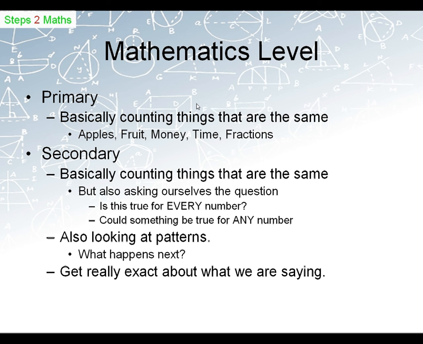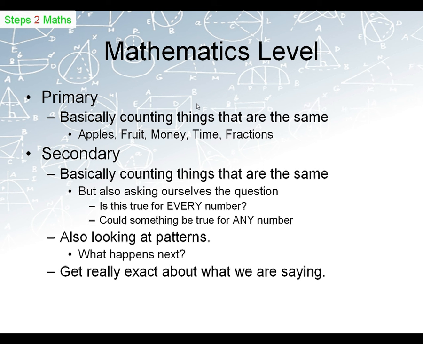Again, at the secondary level, we're still basically counting things that are the same, but we're asking ourselves the question, is this true for every number, or could it be true for any given number? In the primary level, if I get 8 and divide by 2, do I get a whole number?